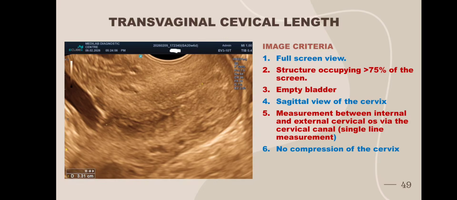In TVS scan, the sagittal view of the cervix, measurement should be from internal os to external os in a straight line, single line. No compression to the cervix should be done.